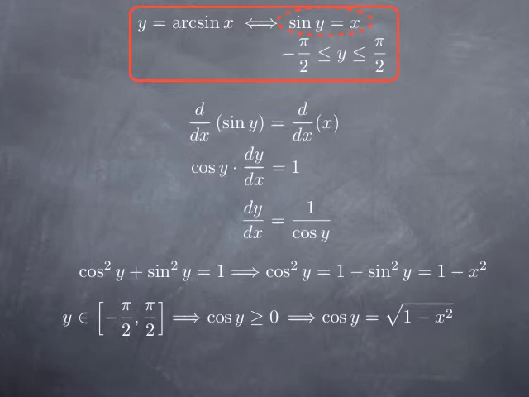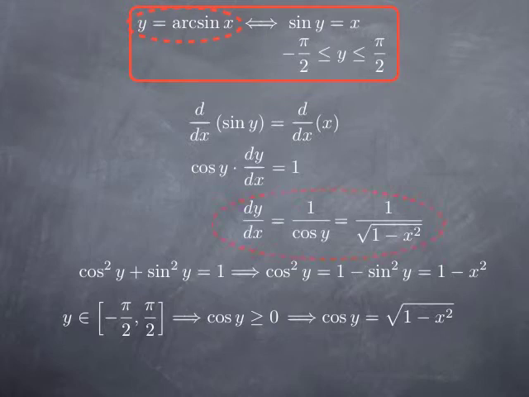If I didn't have this condition, I would have that cosine y is either the square root or the opposite of the square root. But since I know cosine y is positive, I know that cosine y is the square root of 1 minus x squared. So I can plug it in here, and remember that y was arcsine of x.